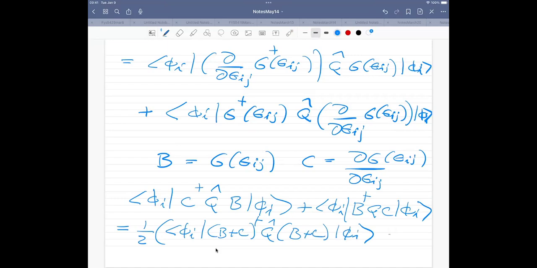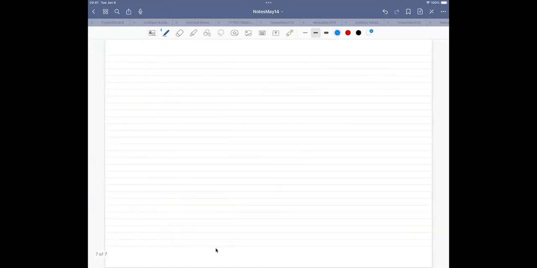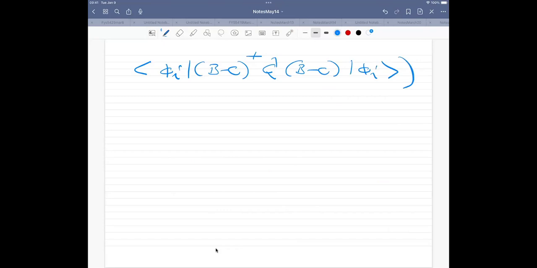So there's a minus here. So let's put that up. So there's a minus, and then I have phi of I of B minus C dagger of Q of B minus C of phi of I. And then when we use this parameter shift rule, we end up with analytical expressions for the gradients.